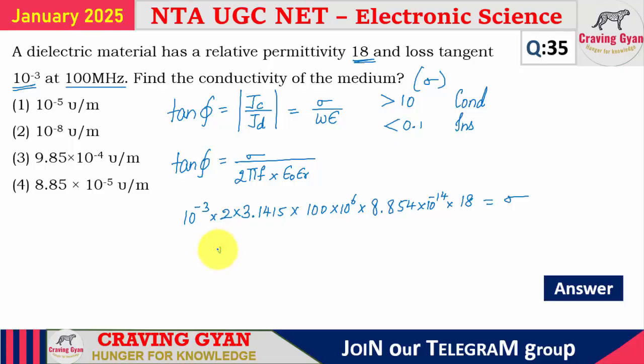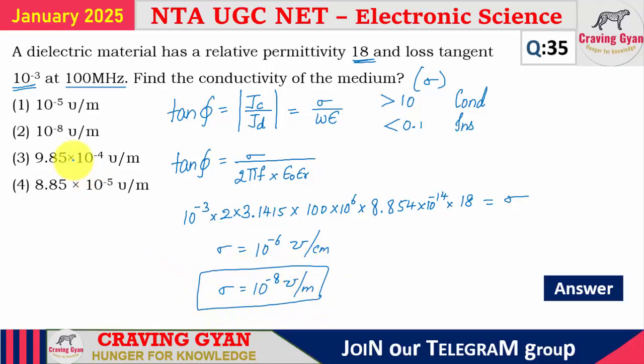Now what is the value of sigma on solving? 10 power minus 6 mho per centimeter, but they're asking us to express in terms of meter. So I'm going to get 10 power minus 8 mho per meter. Which option? Option 2 is going to follow.